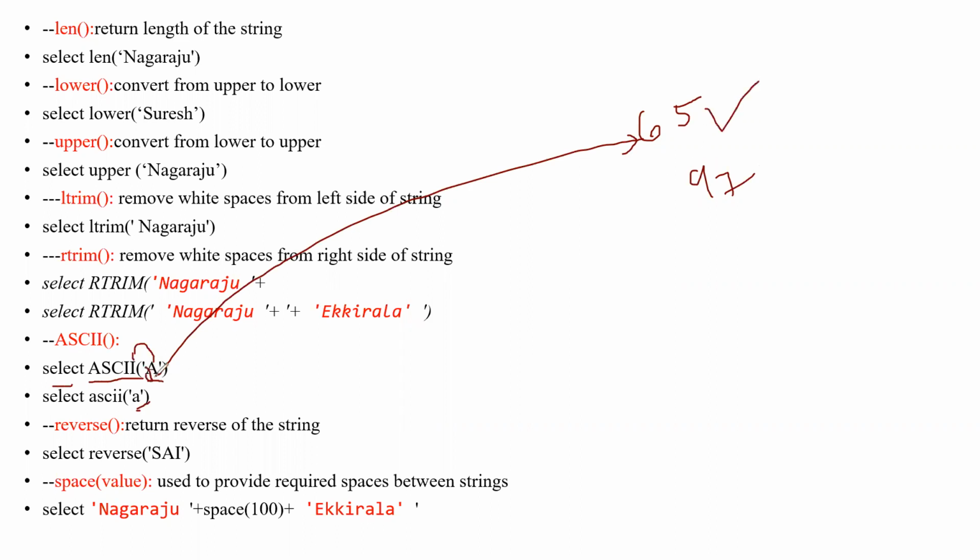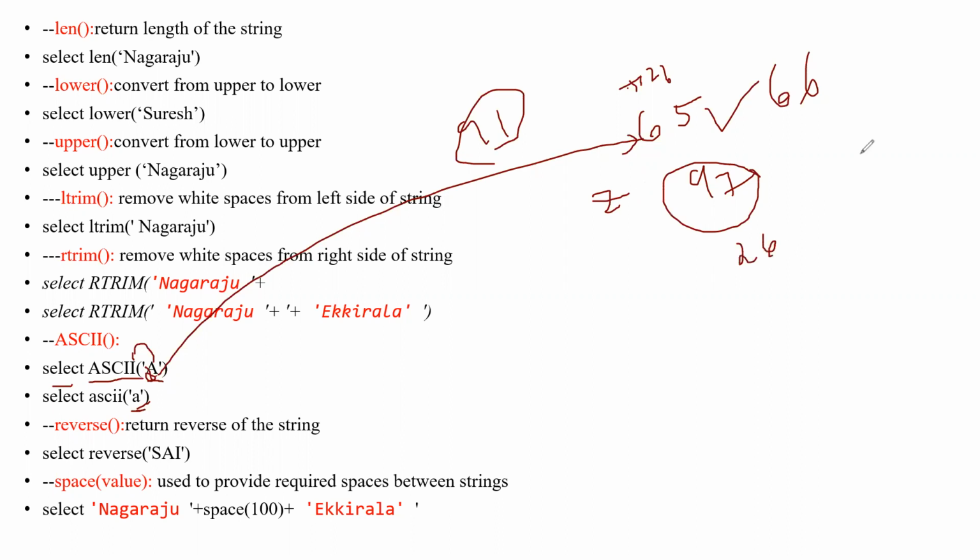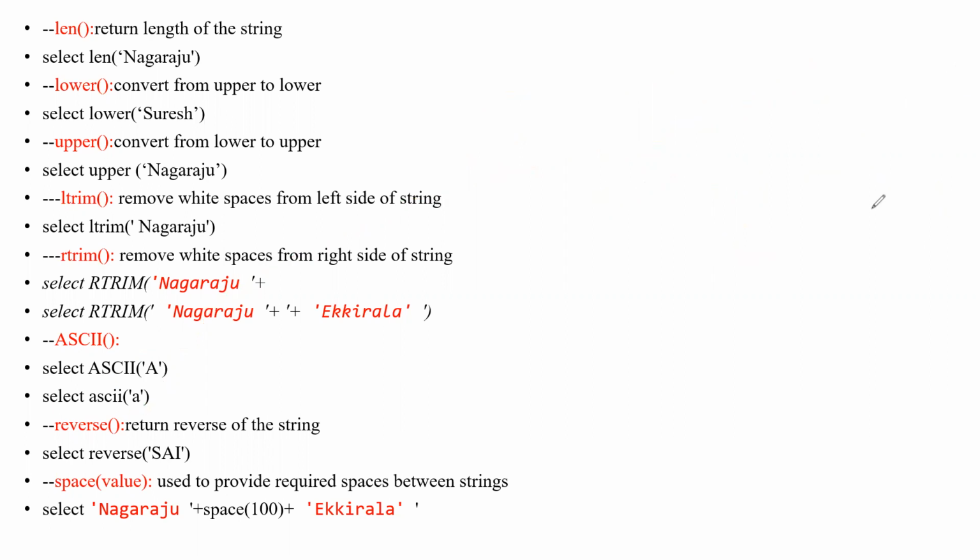If it is B, next 66. So 65 plus 26, let's say up to 91. Z is 91. Now small letters also. Small letters start from 97. 97 plus 26, let's say 123. Small z is 123. Like that, we can convert letters into ASCII.